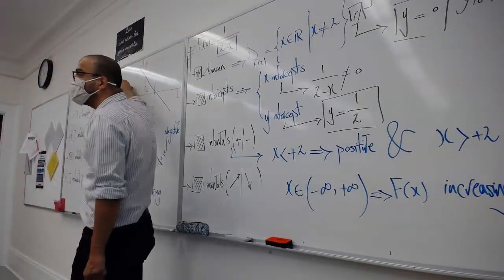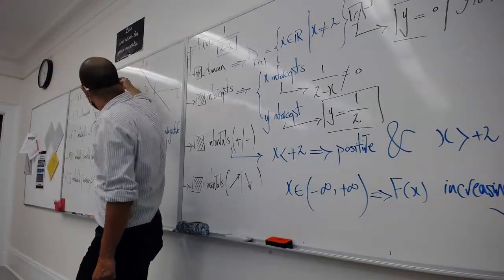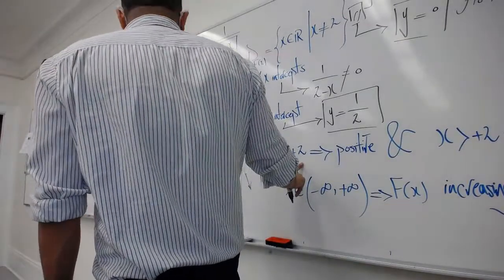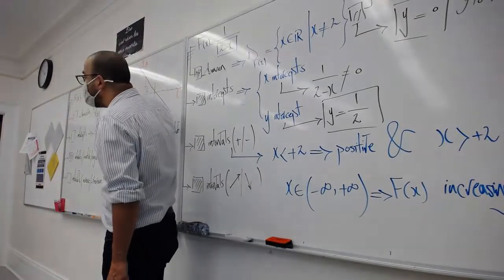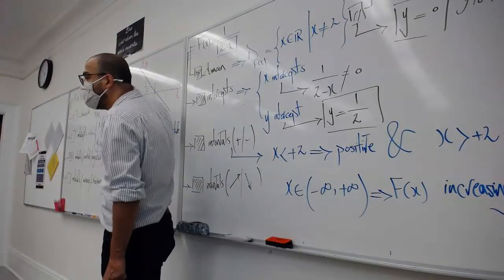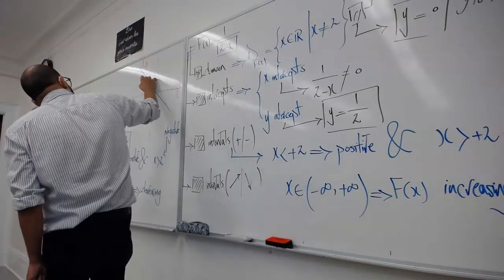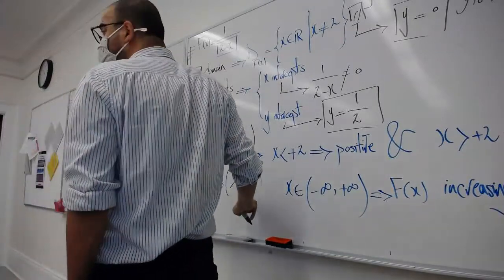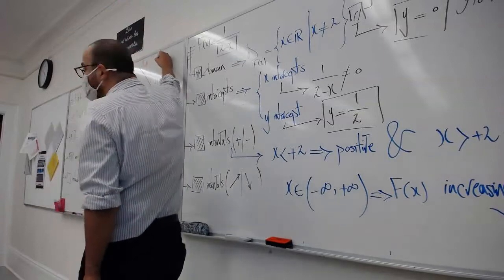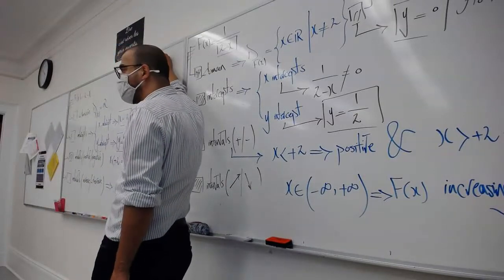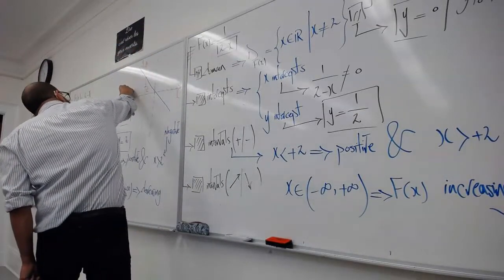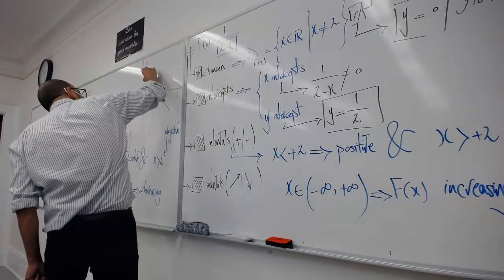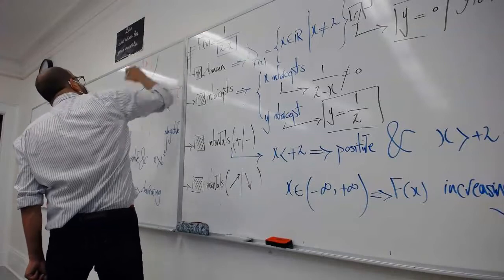Now I'm going to plot it. Everyone look at this very carefully. I know that before 2, the function is positive, so I'm going to start over here, not here. I have to be above this. I have to cross 1/2 because that's my y-intercept. The function is increasing and gets close to my asymptote. That's the concept of the asymptote. I start from here, make sure I cross the y-intercept, then go all the way up there.